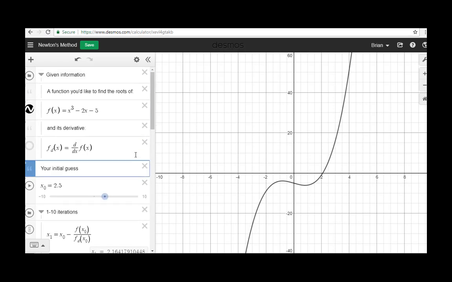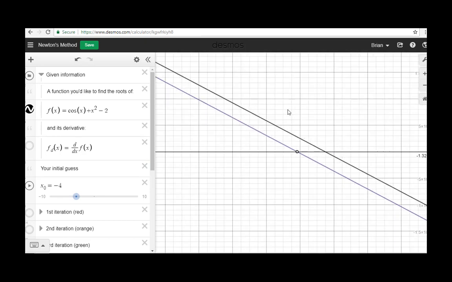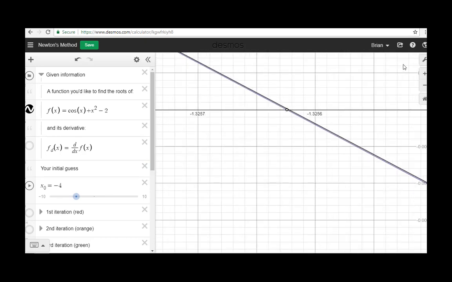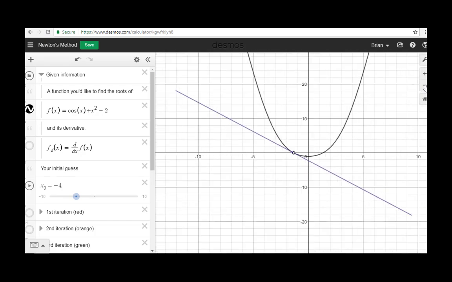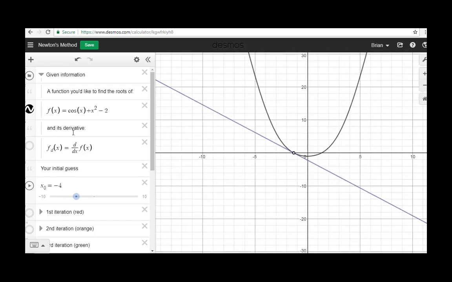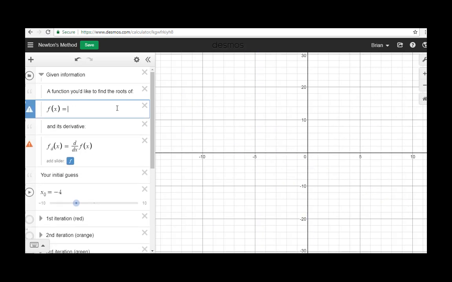Now, there's two versions of this Newton's method calculator. This was my altered version where I didn't have any of the graphs of the tangent lines. I just typed out all of the iterations numerically to see what those would be. And the original Newton's method applet that we would find on Desmos provides those graphs for you, right? So I'm going to come back here and let's type in the equation that we had. I just want to look visually again.